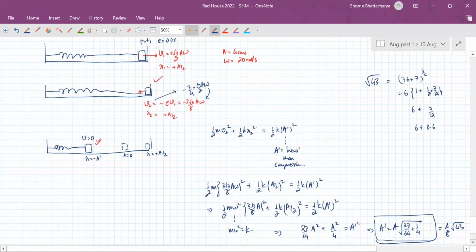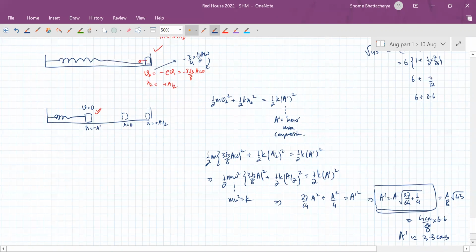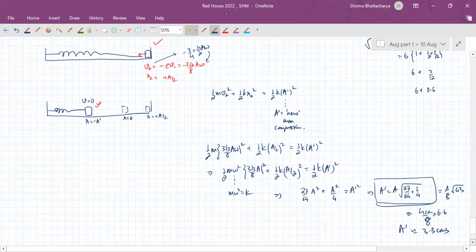So this is something like 3.3 centimeters approximately. That is what our A prime will be. Anyhow, so hope this is clear, people.